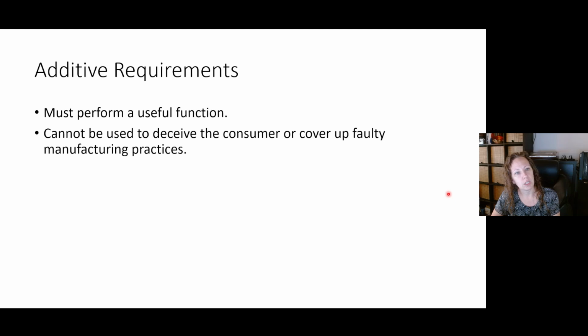The additive cannot be used to deceive the consumer or cover up faulty manufacturing practices. So on Facebook, I've seen things like, why is this meat red? And this is what I got from the store, but this was from the farm, and this one is turning brown, or something like that.